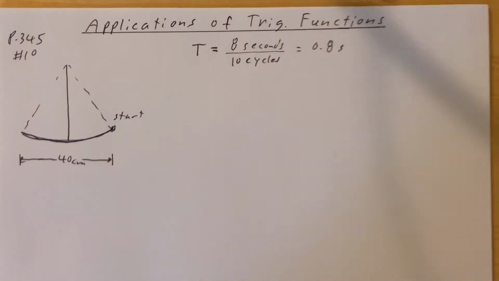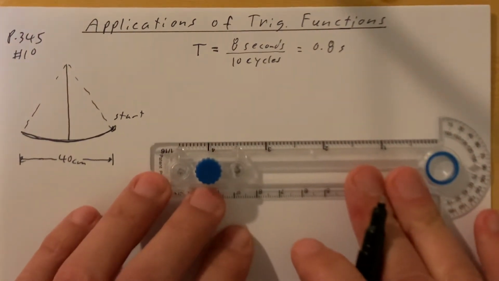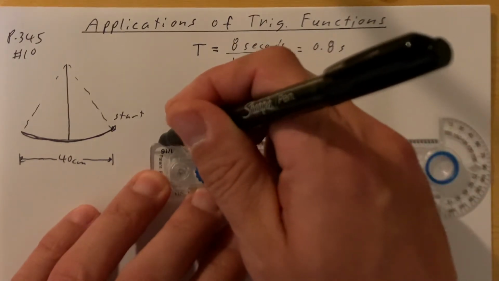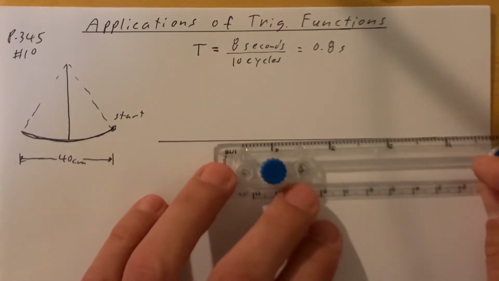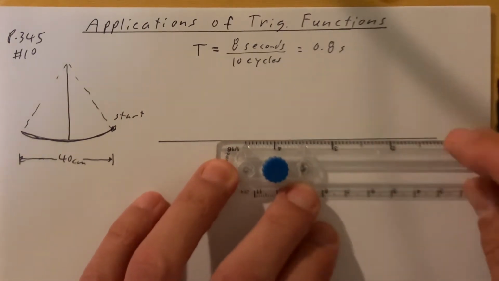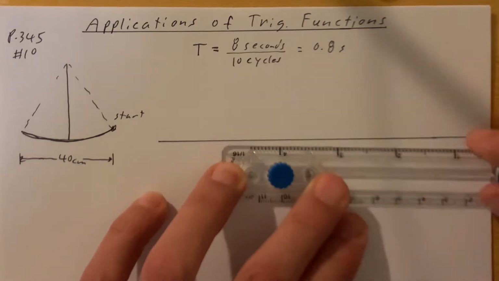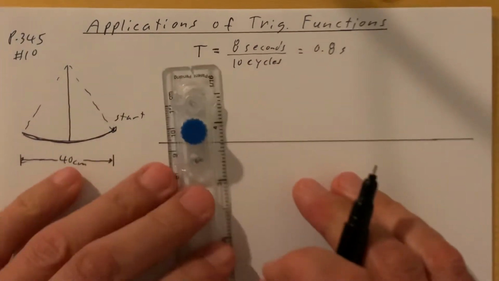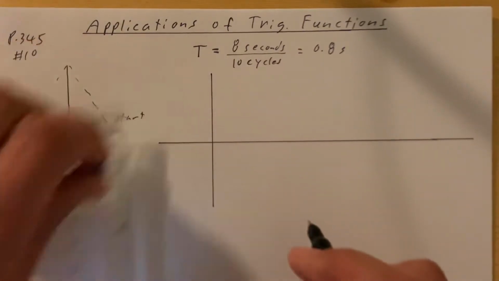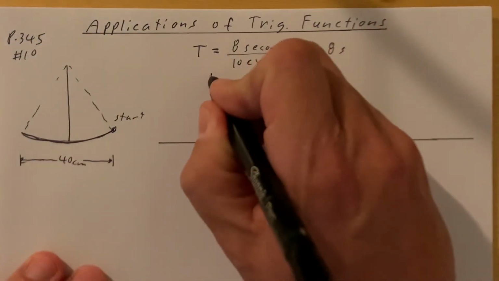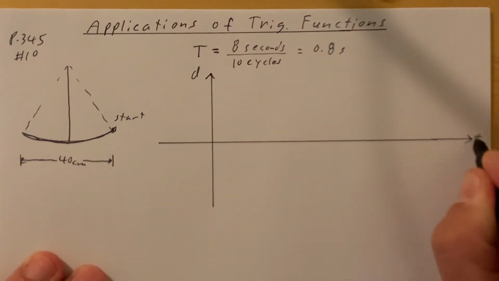All right, so we want to graph this. Let's take a look at the graph. They want 2 cycles graphed, so make it nice and long here. This vertical axis is the distance axis, because of the distance back and forth, and this is the time axis.